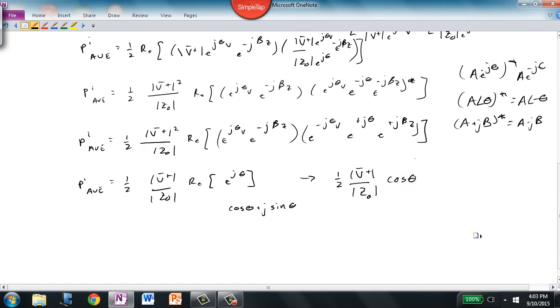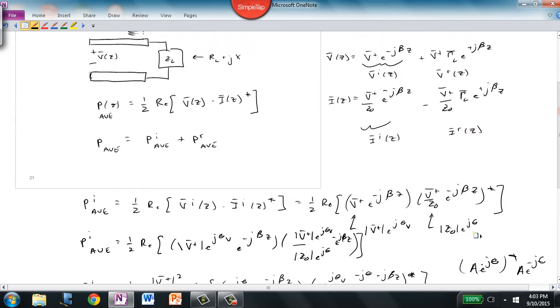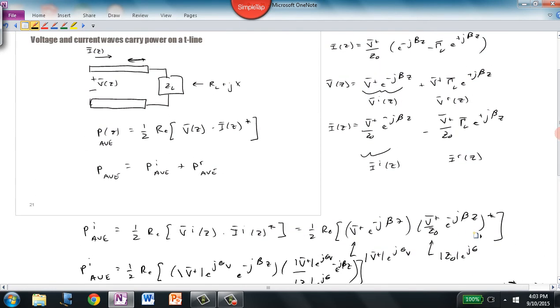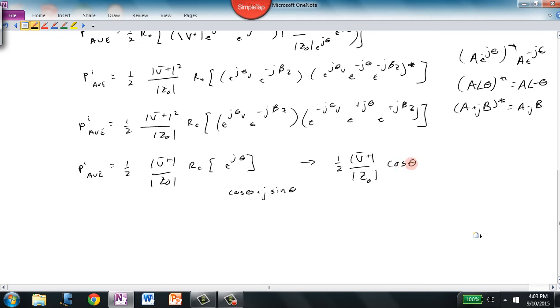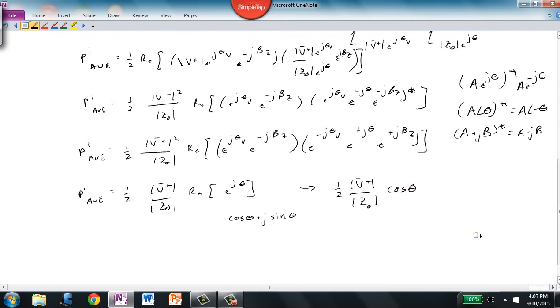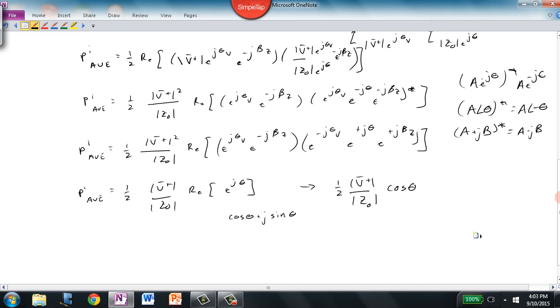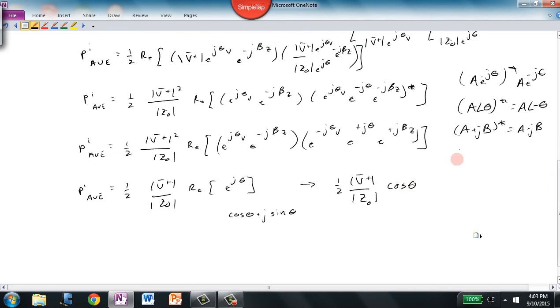Well, theta is the angle of z0, and in a lossless transmission line, z0 is just purely real.